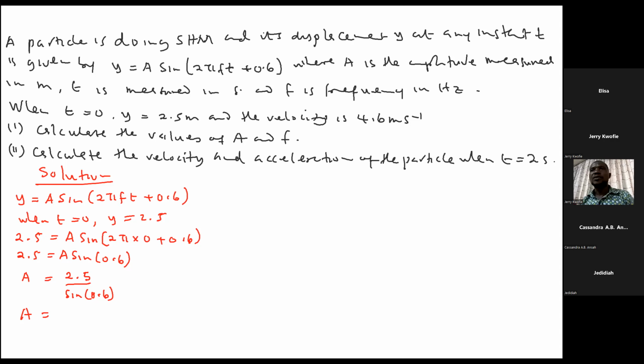Okay, so what have you got? 4.46. 4.46 meters. Is that correct? Jedediah, is that the answer you got? What about Blessing?